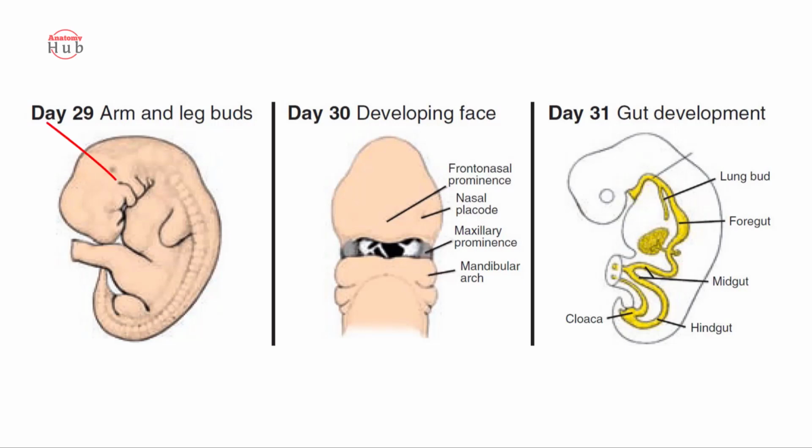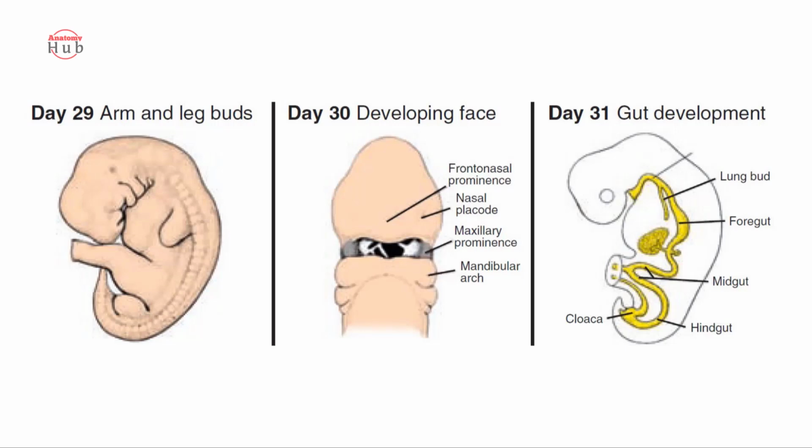Pharyngeal arches are visible by day 24. The first mandibular and the second hyoid arches are distinctly seen. Three pairs of arches appear by day 26. The rostral or cranial neuropore closes.